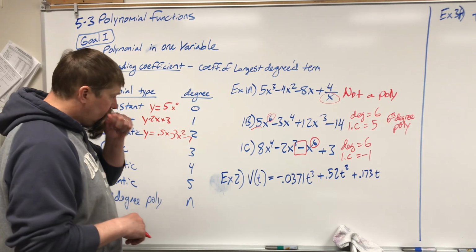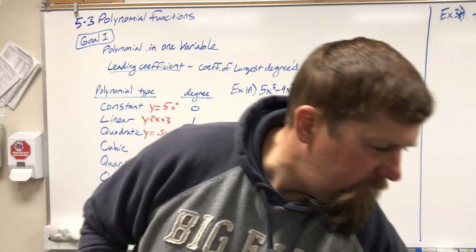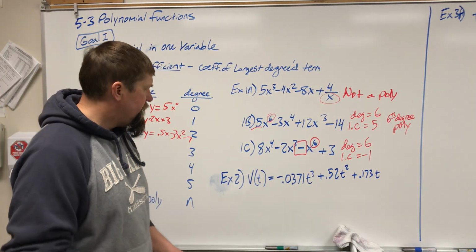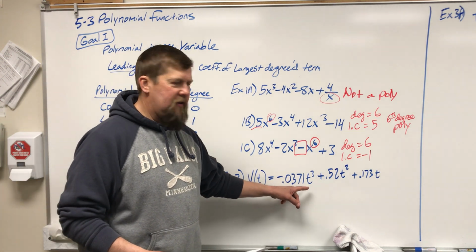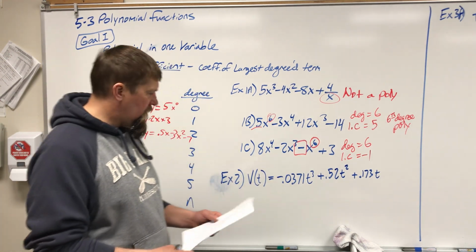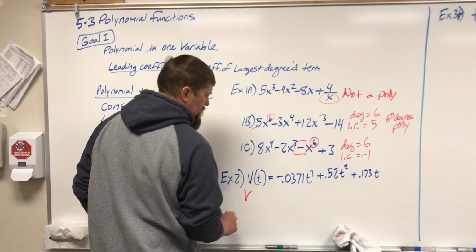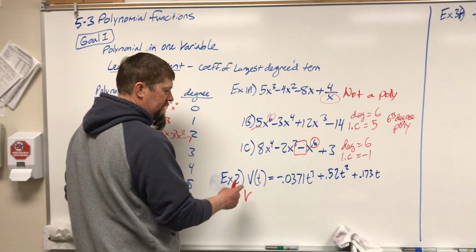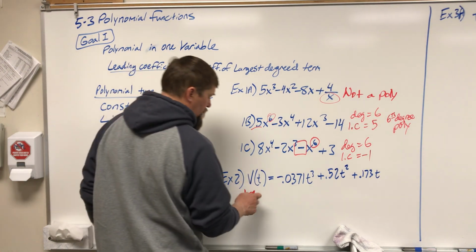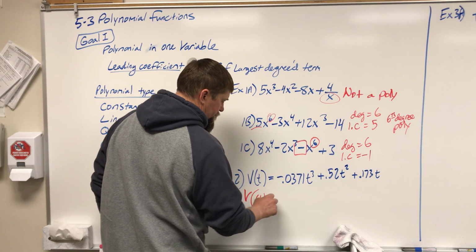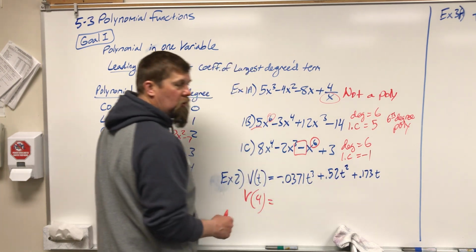Okay. Example 2, it's a type of problem where it says it has the volume, and I believe that's time. Okay, so what's the volume after 4? So here's your polynomial function. This time it's written in function form. V of t, meaning whatever you put in here for t goes in for t in the whole polynomial.